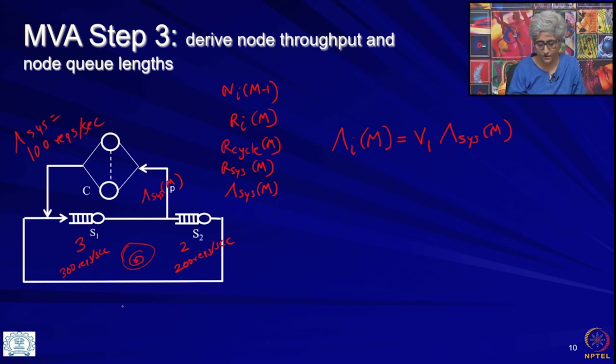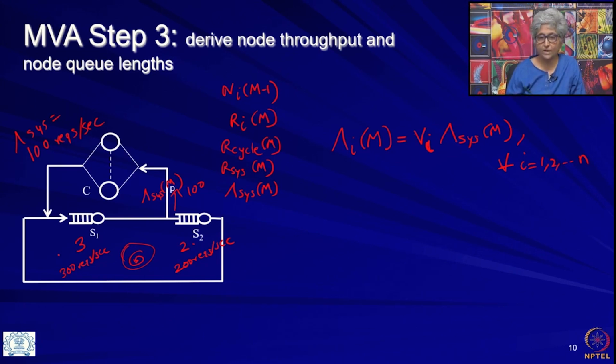Because the overall output is 100, you need to do 300 requests here, since each request visits 3 times here and 2 times there. So this is very straightforward: V_i multiplied by lambda_sys, for all i equal to 1 to N.